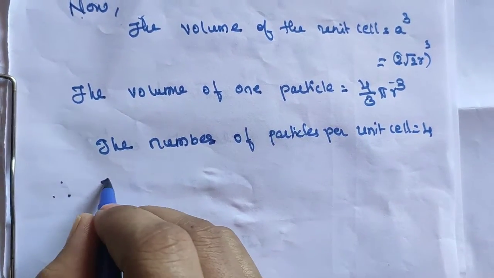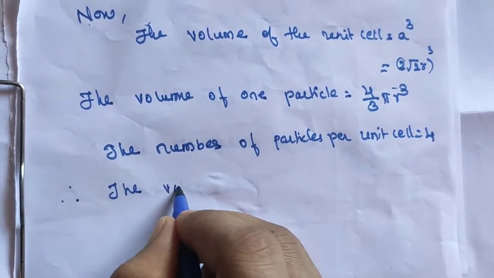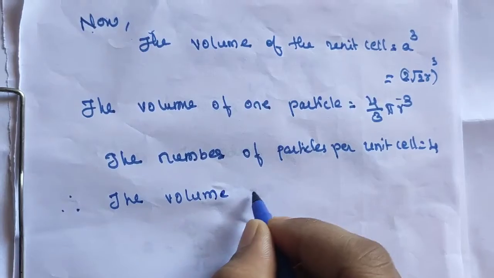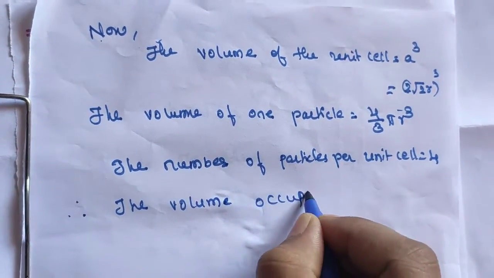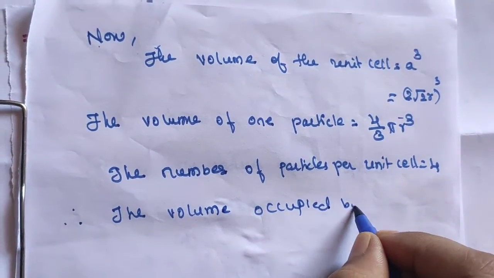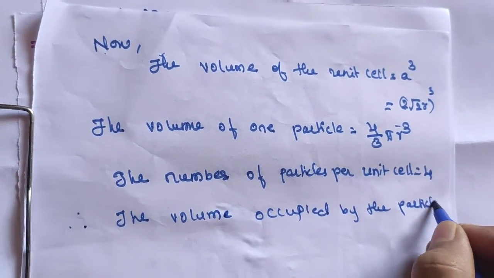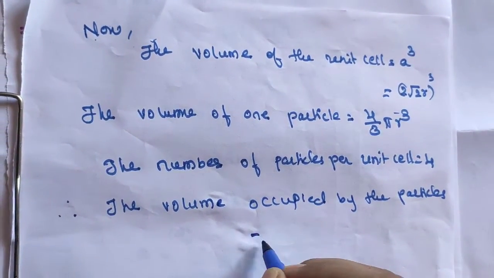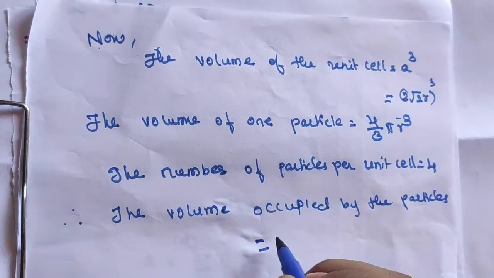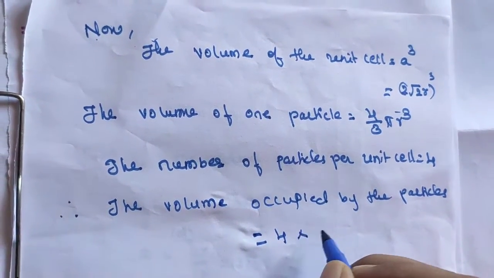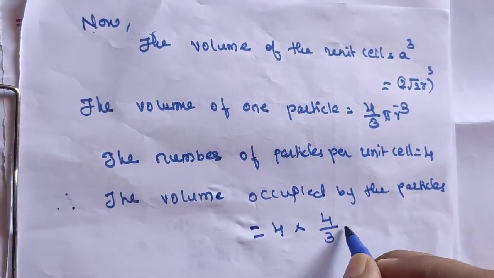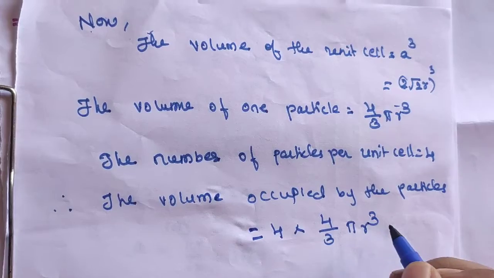Therefore, the volume occupied by the particles is taken to be, here 4, no? So 4 into 4 by 3 pi r cube.